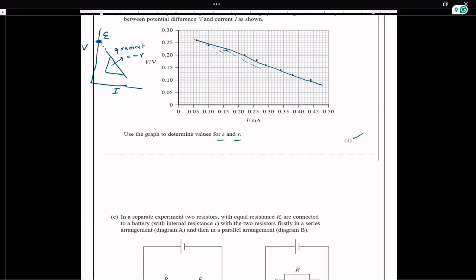Use your ruler to draw the line. And let me extend that line to the y-axis, and I'm getting the y-intercept as almost 0.29 volt. So this is my EMF value. So let's write it here.